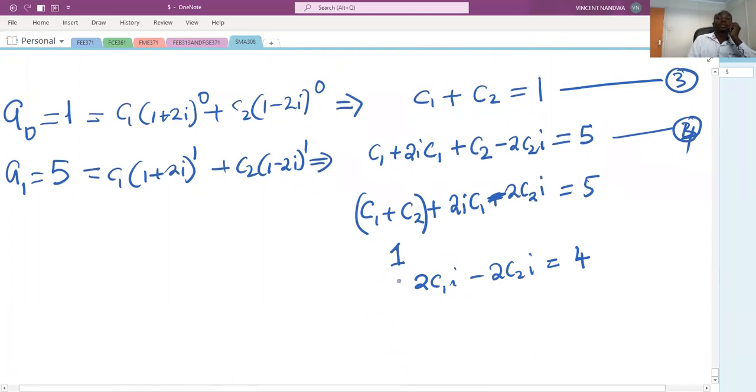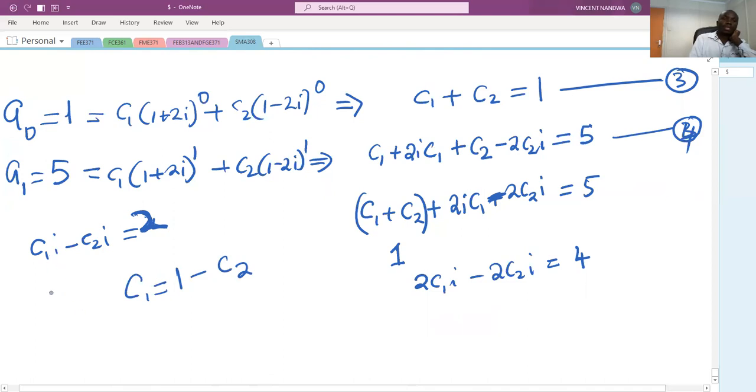So dividing through by 2, we'll have C1i minus C2i is equal to 2. So we can now say, even from this given equation here, C1 is the same as 1 minus C2.